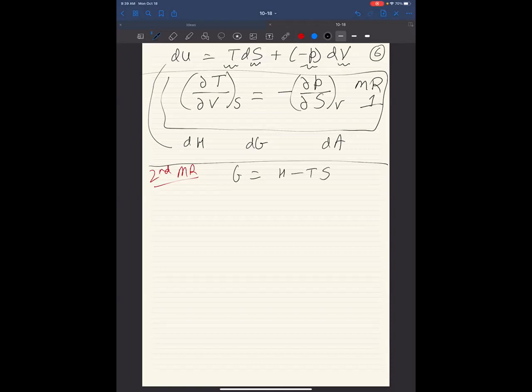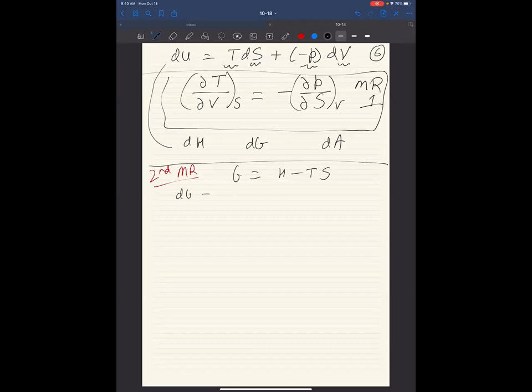So we have some new material in the last 2 classes. I don't expect everyone to immediately jump into G is equal to H minus Ts. It will require some memory to remember that G is equal to H minus Ts, just like H is equal to U plus PV required some memory, right? So it takes some time to remember these things, practice through it. So let's work through this.